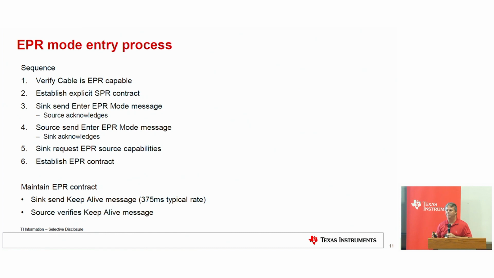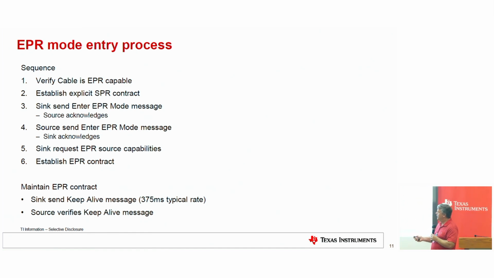But for safety reasons, there's an entry sequence to get into EPR now, so you don't erroneously try to set your laptop at 48 volts and it's not capable and you blow your expensive laptop up, right? That would be really bad. And then once you're in, being that you are now transferring higher voltages, not high voltages, but higher voltages across the cable coming in, there's a keep alive mechanism to make sure you stay in there, that both sides are in agreement.